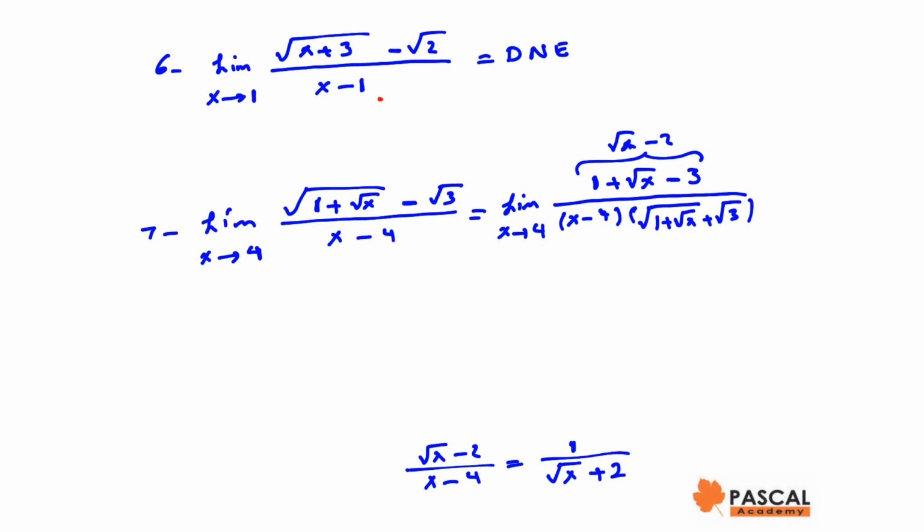One way to simplify this is by multiplying both the numerator and the denominator of this fraction by the conjugate of the numerator. Therefore, the given limit is the same as the limit of 1 over (square root of x plus 2) times (1 plus square root of x plus square root of 3) as x approaches 4.